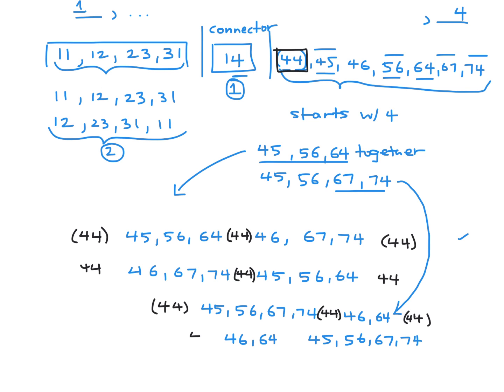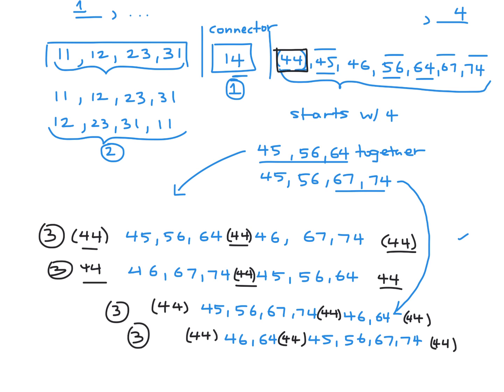And similarly with the other two, the 44 could go at the beginning, at the end, or in the middle. So we got 3 ways of arranging each of these four, so these guys have a total of 12 different arrangements.